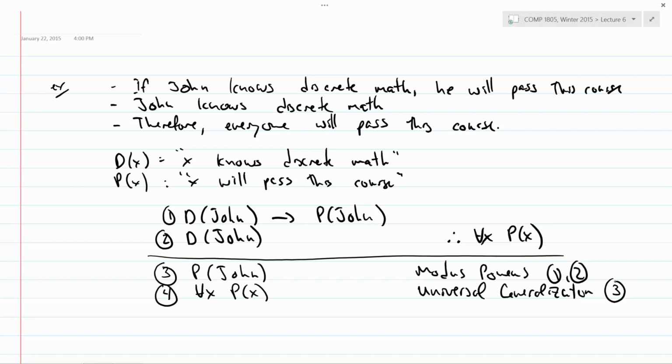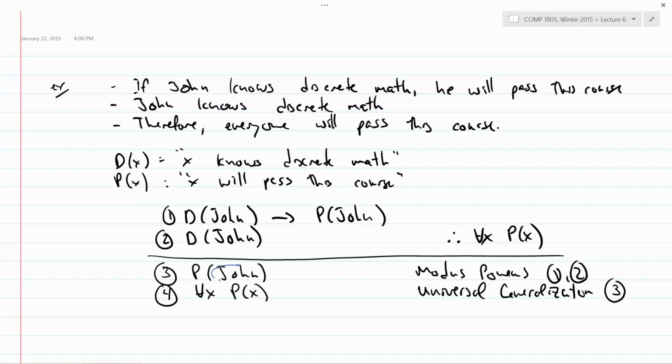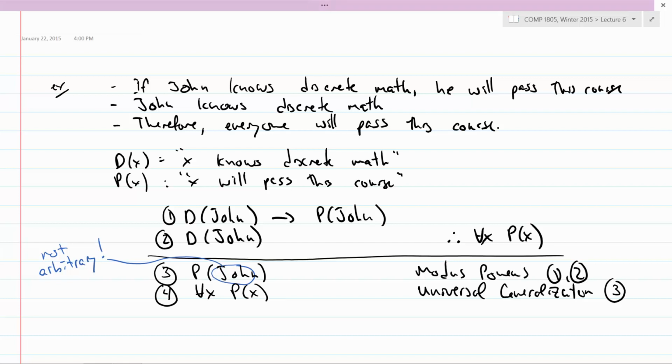Yeah, so I already know something about the variable in 3. And in fact, it's not a variable, it's a specific thing. It's John. Right? So I know something about John, and that is that it's not arbitrary. And therefore I can't do universal generalization.